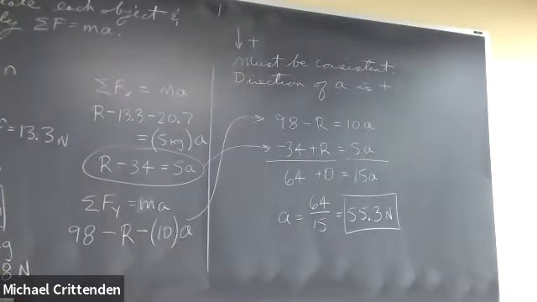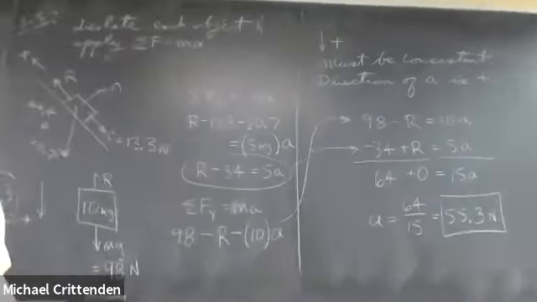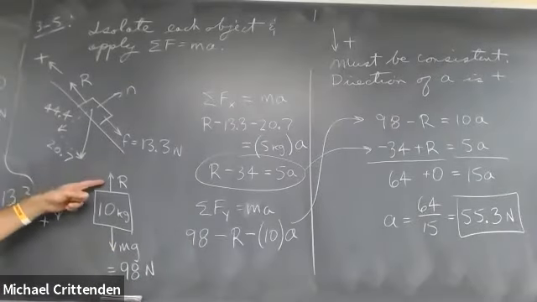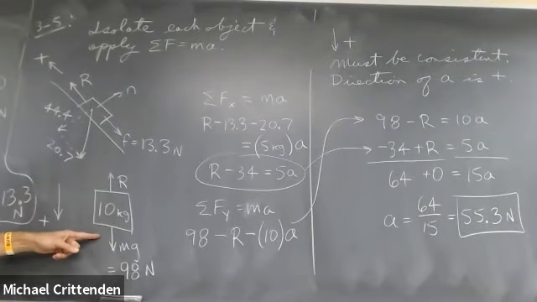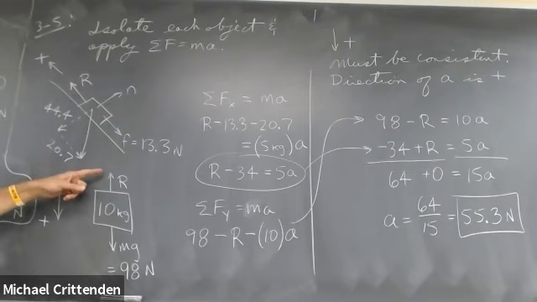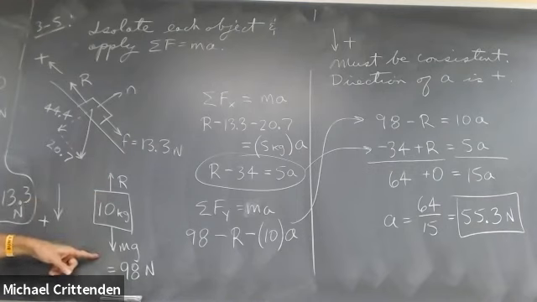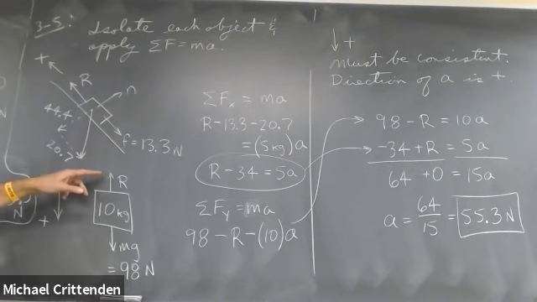Notice, incidentally, that the force, I'm back over here. Notice that the force up does not equal the force down. Okay, that's only true when you're in equilibrium. An imbalance of forces is what makes something accelerate. The force down is more than the force pulling against that. That's why it's gaining speed. 98 down, only 55 up.